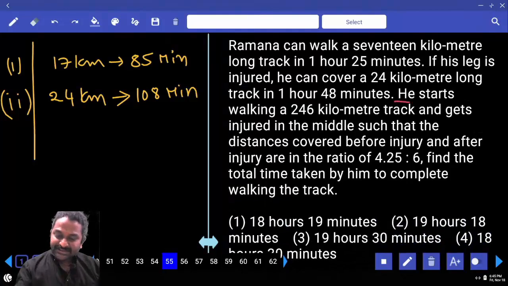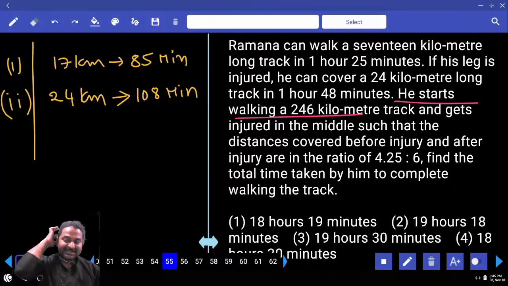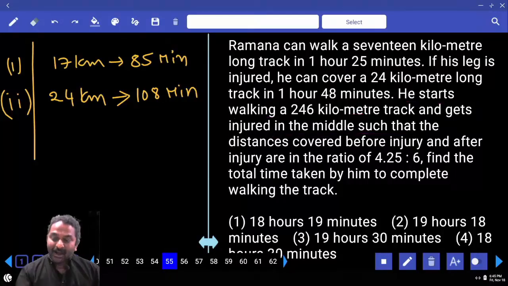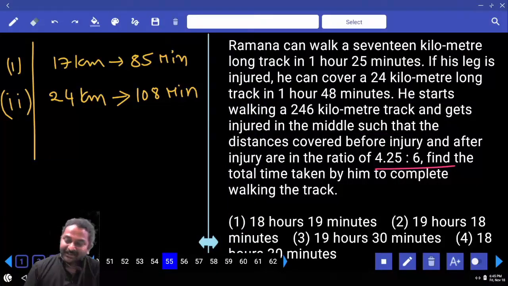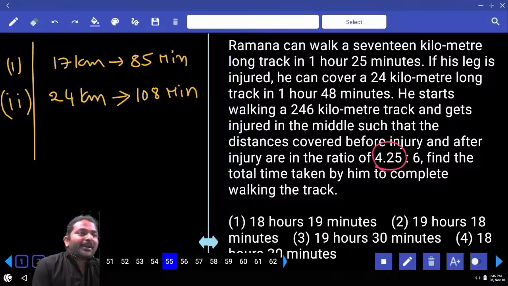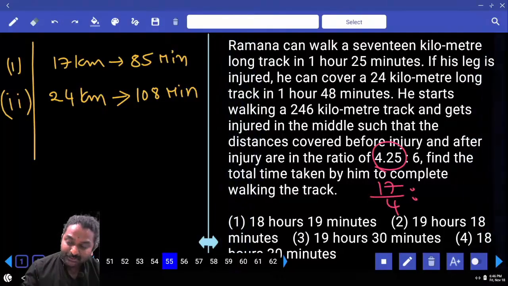Continue. He starts walking a 246 kilometers track and gets injured in the middle such that the distance covered before injury and after injury are in the ratio 4.25 is to 6. Find the total time taken by him to complete the walking track. Can I take 4.25 as 4 1 by 4, which can be written as 17 by 4 is to 6?